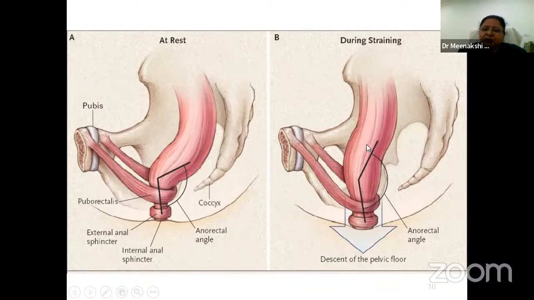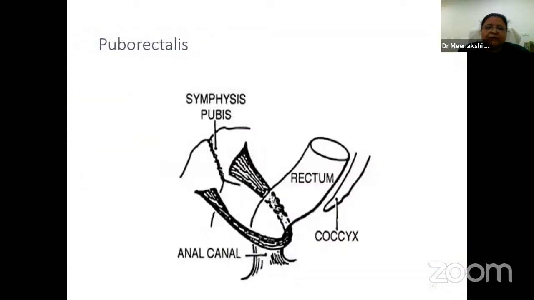And what happens during straining? It gets straightened up. This anorectal angle opens up, and there is a descent of the pelvic floor. So this understanding is also very important before going ahead to the concept of rectal prolapse.